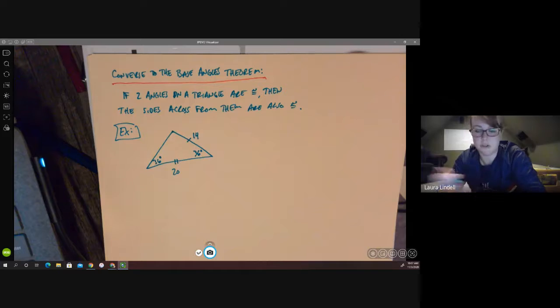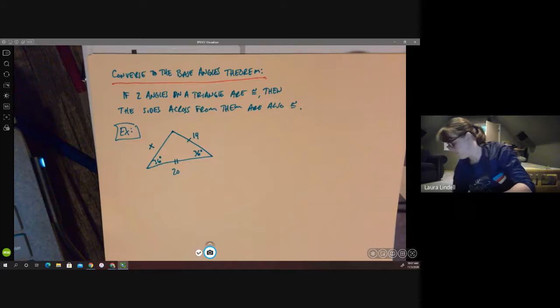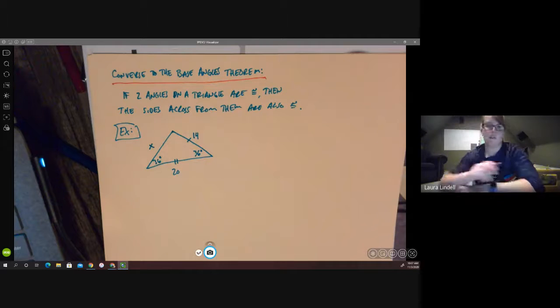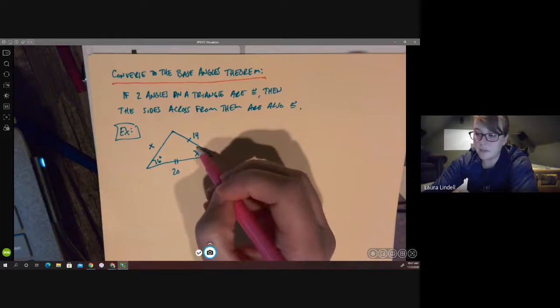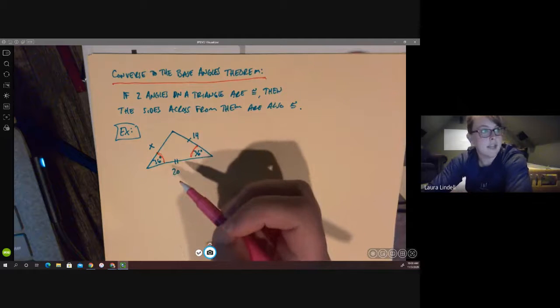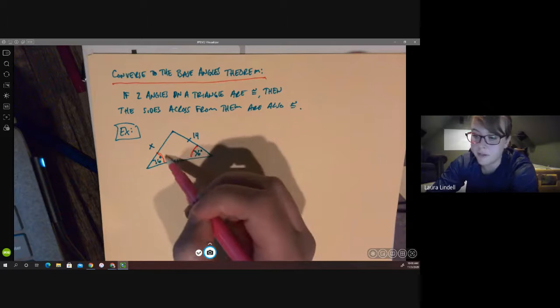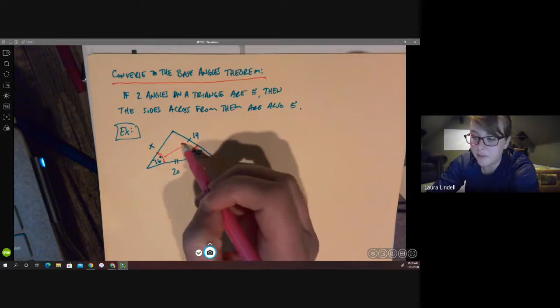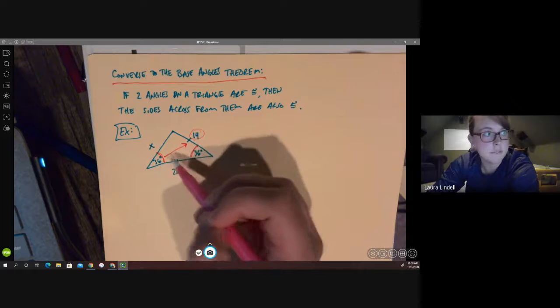All right, so here's our example. I know these two angles here are the same. They are congruent. So since that's the case, what that tells me is that the sides that are across from them are congruent. So this side right here is the one that's across from 36 degrees here.